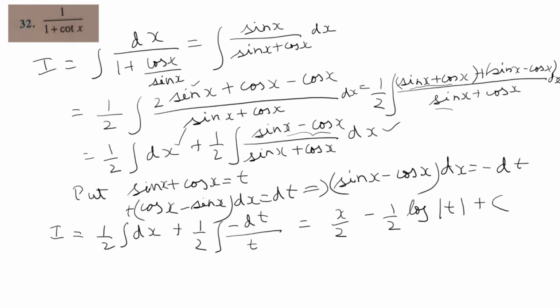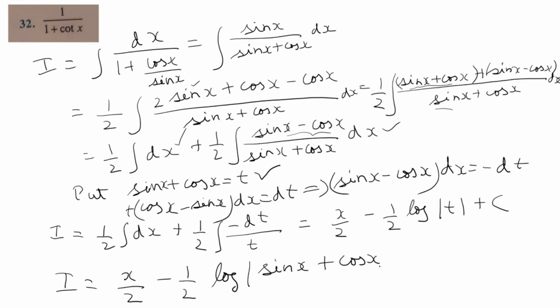Now we can substitute for t. So our I is equal to x by 2 minus half log mod sin x plus cos x plus c. So the answer for the given question 1 by 1 plus cot x is I is equal to x by 2 minus half log mod sin x plus cos x plus c.